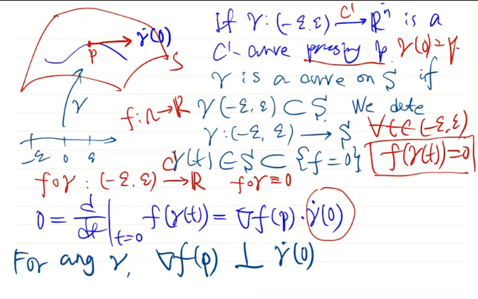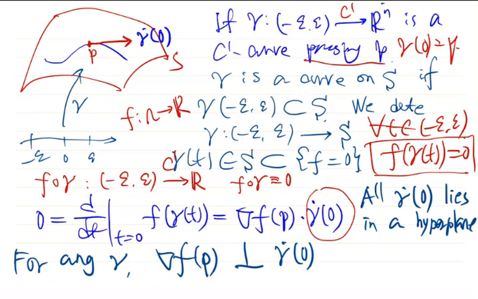This means that all the tangent vectors of the curve lie in a plane, a hyperplane, perpendicular to the gradient.